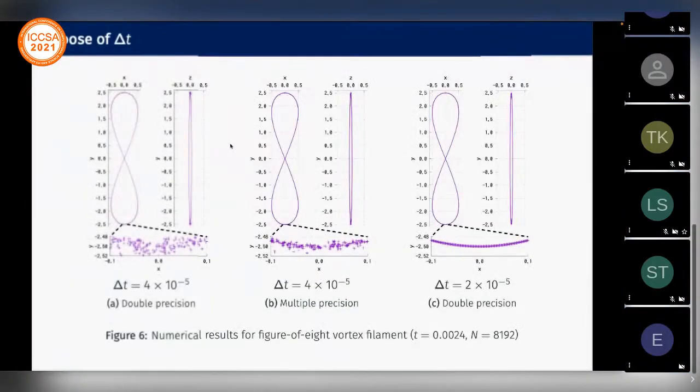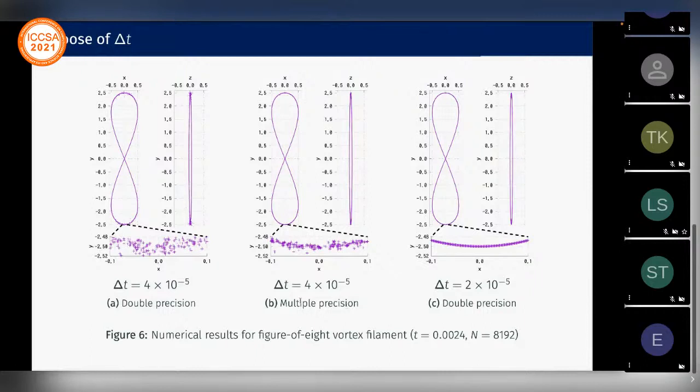So here, the first video I show is the delta t of 2 times 10 to the negative 5 under double precision, and the second video is the delta t under double precision of 4 times 10 to the negative 5. Both the double precision and the multiple precision have this kind of disappearance.